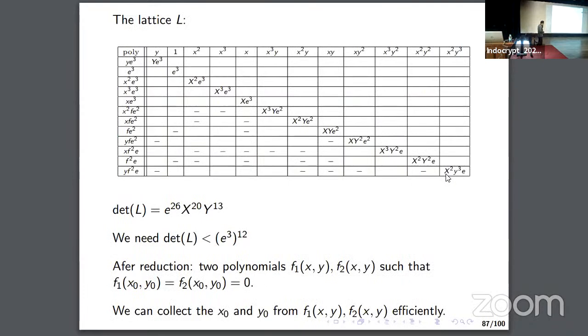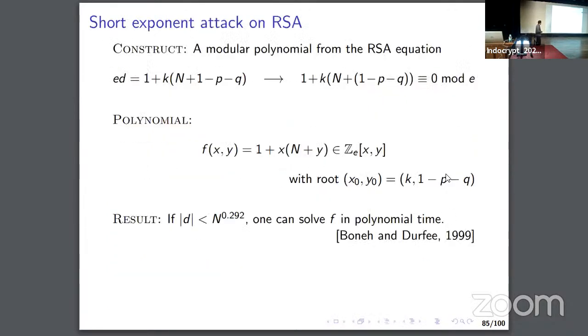So after reduction, if we get these two polynomials, then we can use some algebraic technique to find the root. Again, this is under some assumption. So this result, this bound n to the power 0.292, is heuristic. It works in practice, but we cannot write a theorem and proof, because here we are assuming some algebraic independence.